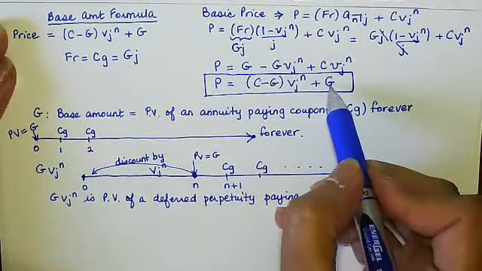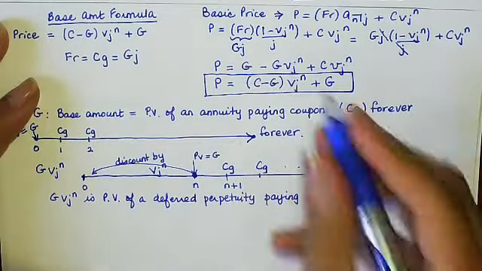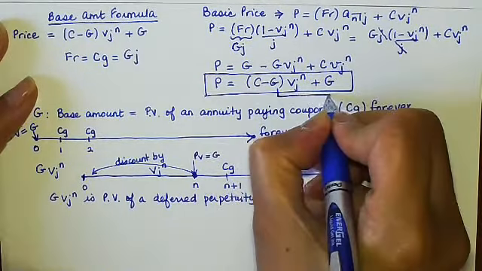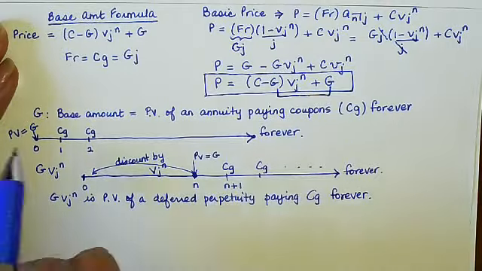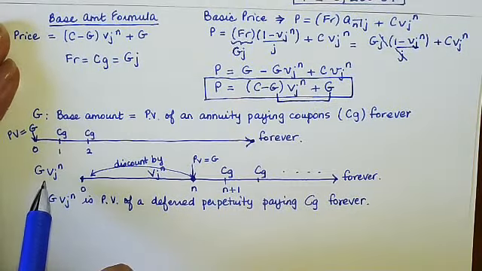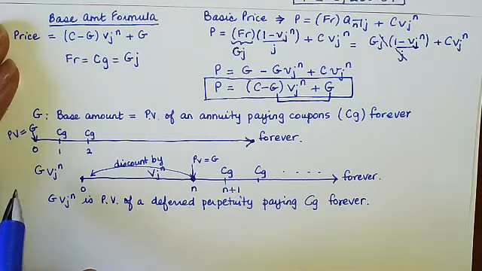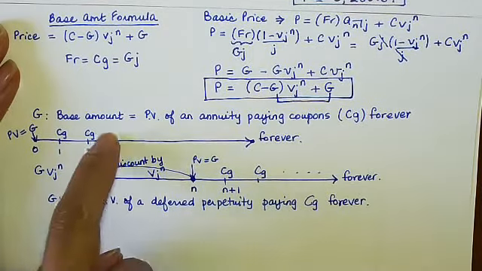So the next thing I want to do is take the difference between G and GVj to the n. So I'm combining these two terms to see what's going on. When I take the difference between this G and this GVj to the n, I see that all the payments beginning at n plus 1 and onwards will cancel.